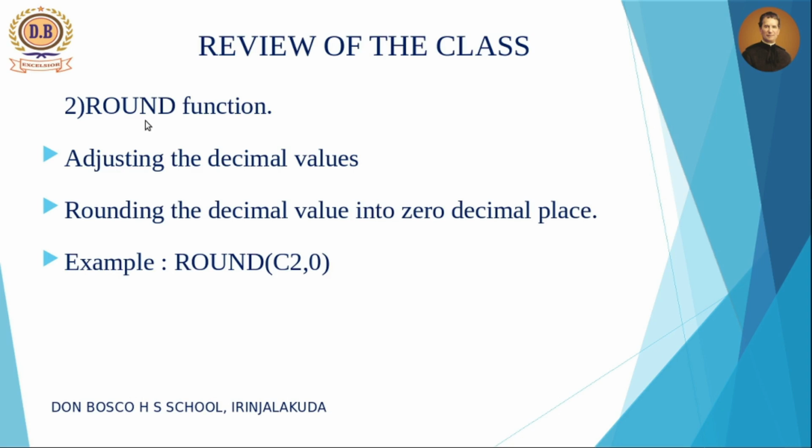For that we are using a new function called round function, and here in the textbook activity, we are rounding the decimal value into 0 decimal places, and the equation will be round of the cell address, which is capital C2, comma, if we are rounding it into 0 decimal places, the next value will be 0. If it is 2 decimal places, here will be 2.